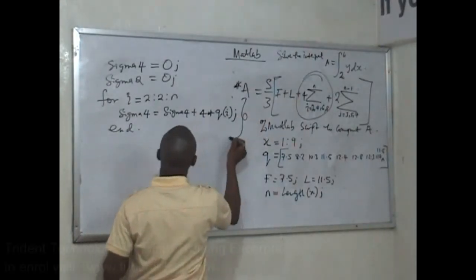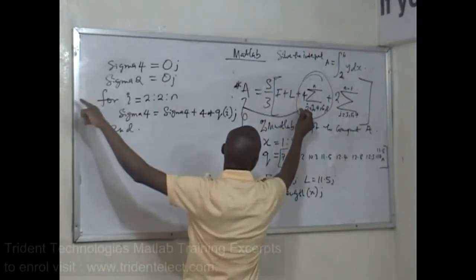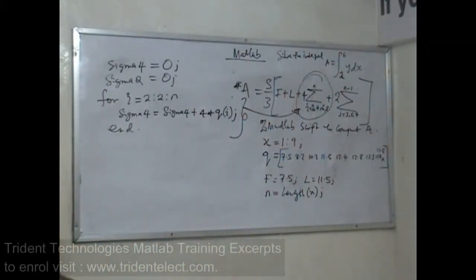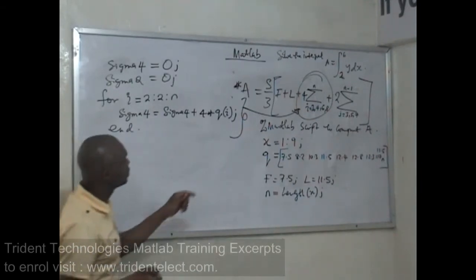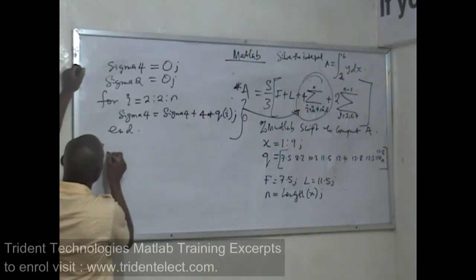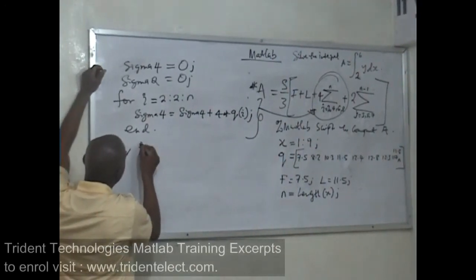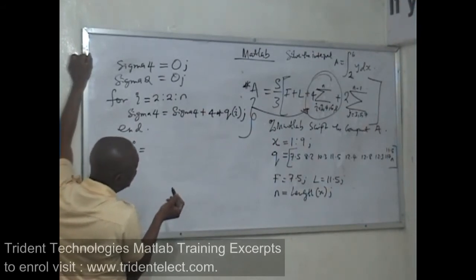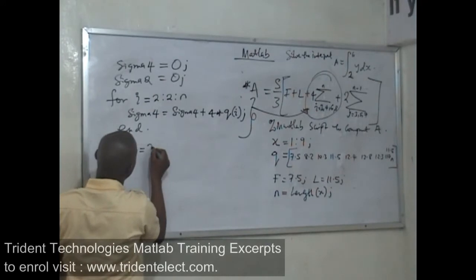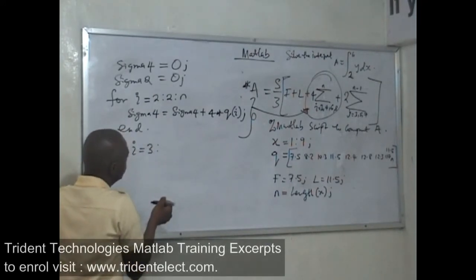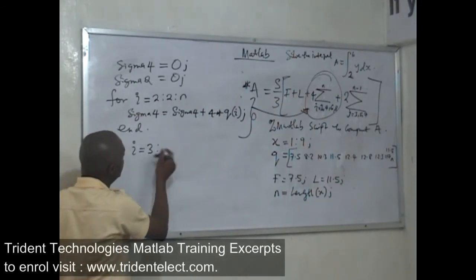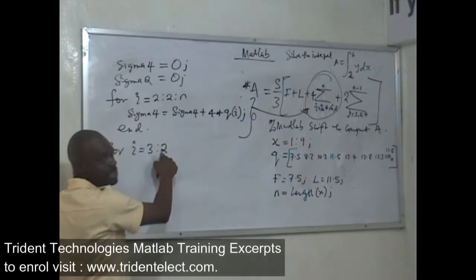So we're going to introduce the second for loop. This for loop is going to solve this first summation, and we need another for loop to solve this summation here. For I equal to, now we're going to start from 3, the third term. Then it's going to go through all the odd numbers. So it's going to be 3 and it's going to increment by 2.